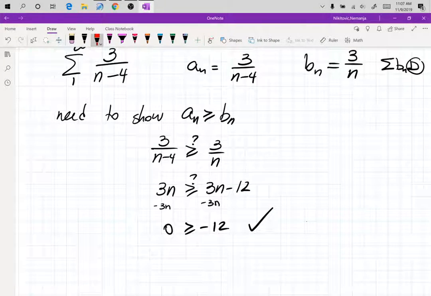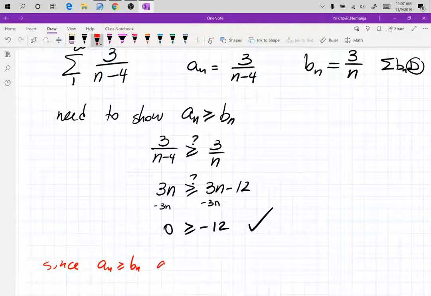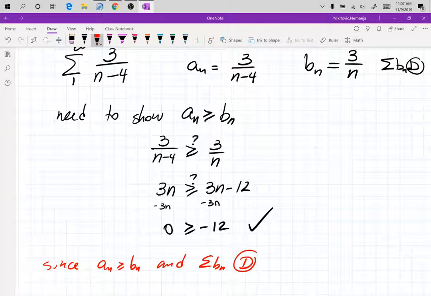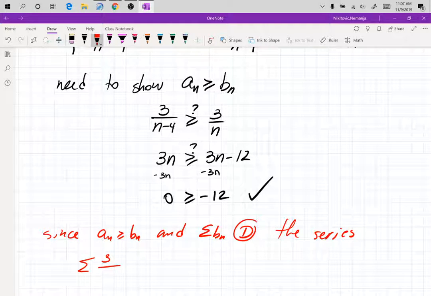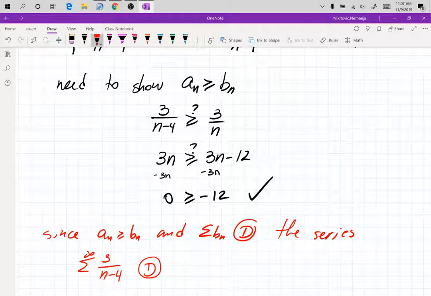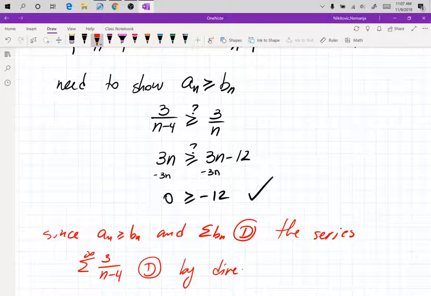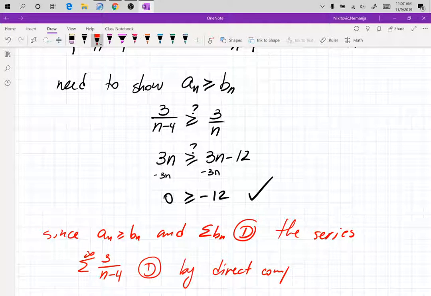So now we say, since AN is larger than BN, and summation BN diverges, the series summation of 3 over n minus 4 diverges by direct comparison test.